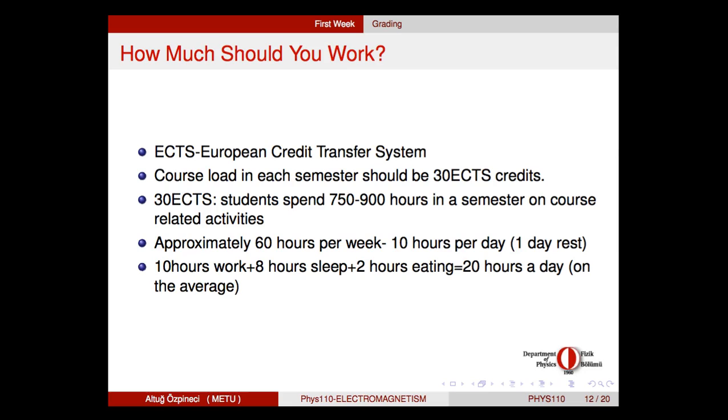That is approximately 60 hours per week that you should study or do something related to the course. Let's say you rest one day, you should rest one day. That makes 10 hours per day you should spend on all your courses. Let's say you have 10 hours of coursework, whether attending the class, doing homeworks, etc., 8 hours of sleep, 2 hours of eating, so that makes 20 hours a day, the minimum. And then, of course, you have 4 hours of extra time.